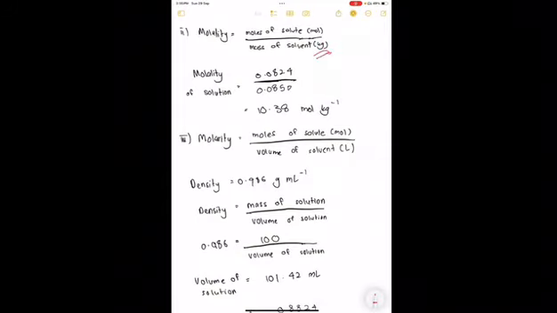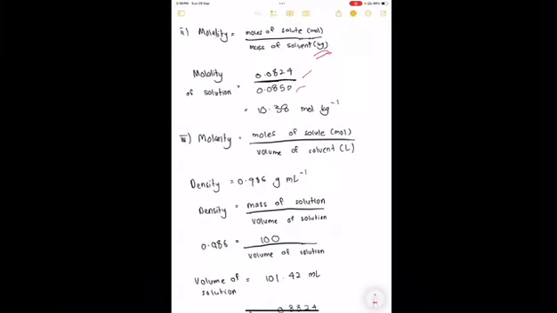As we already found, the moles of solute is 0.0824, and the mass of solvent is 85 gram. Then we convert it into kilogram, so we will get 0.085 kilogram.